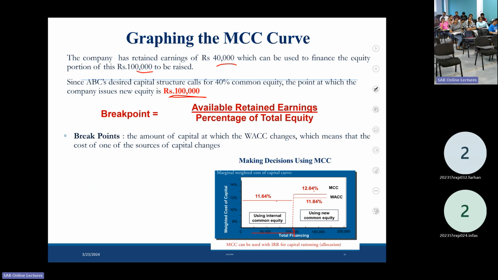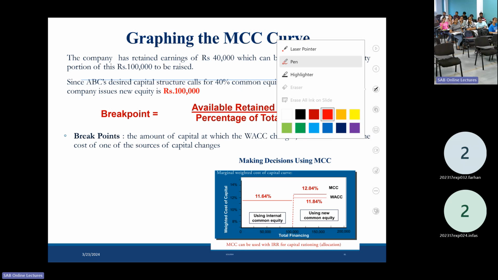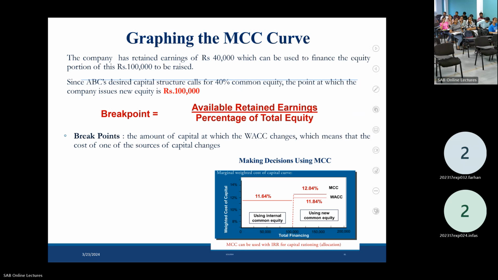When a component cost of capital changes, you have to identify the MCC. When a break point arises, it changes. And there will be another one, based on the debt capital limit.